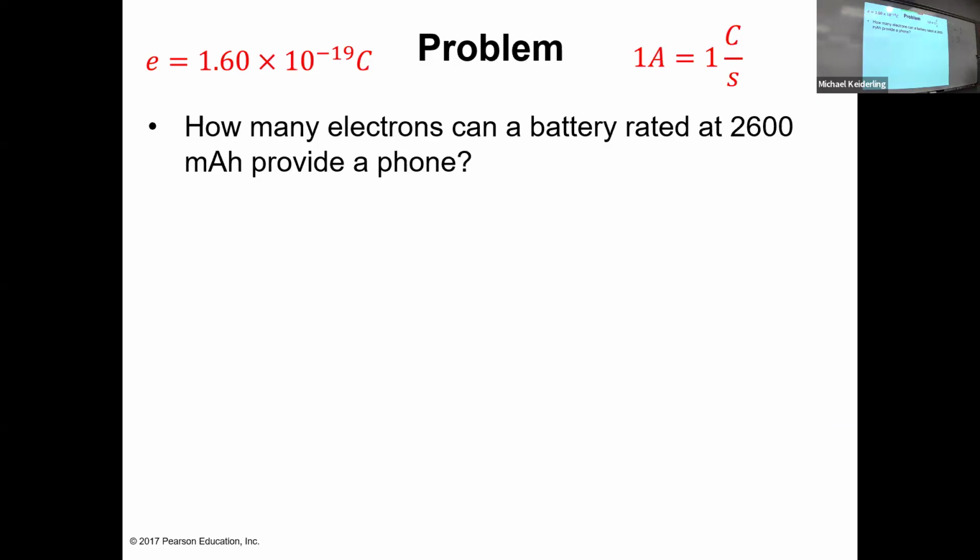Remembering that an amp is 1 coulomb per second, and that an electron is 1.60 times 10 to the minus 19 coulombs. I'll give you a few minutes to work on this.